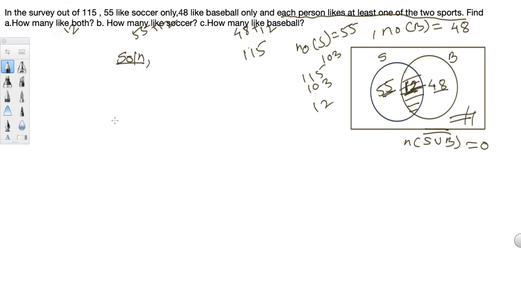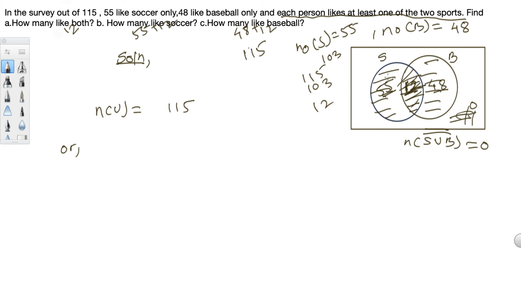Let us deduce the formula and do it. So in this case we don't have an (S union B) complement. What is the total number of students? It's 115. How do you get the total number? We have to have n not S plus n not B plus n(S intersection B) plus this, but we have 0 over here right now.